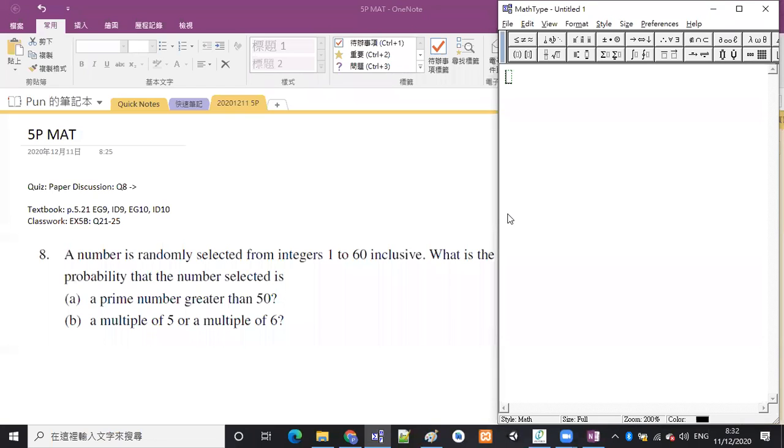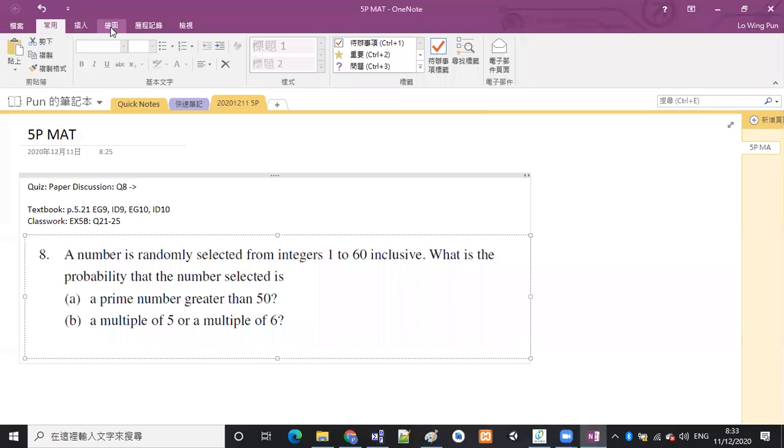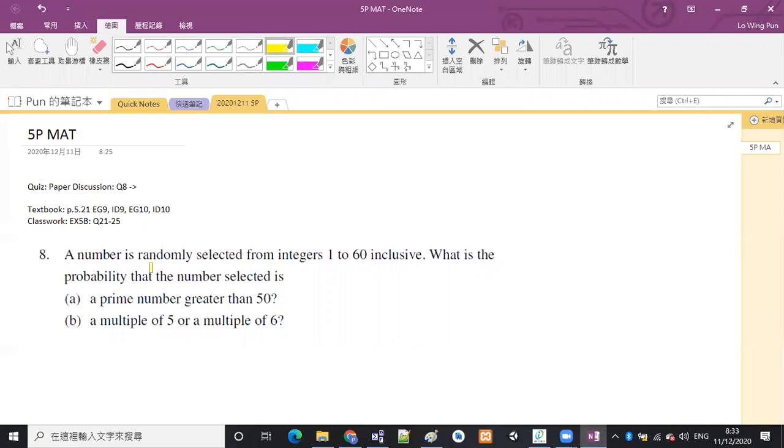So in part A, we are going to find the probability of a prime number greater than 50, and the probability is a fraction. The denominator is considering what we are doing here, which is selecting a number from 1 to 60 inclusive.